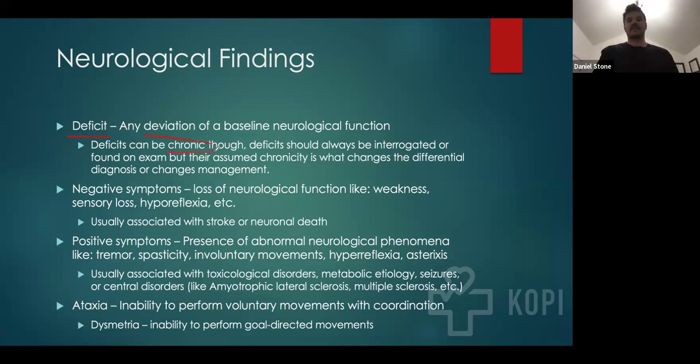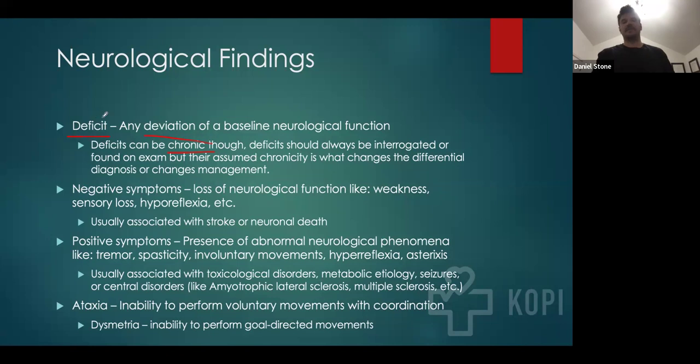They can be chronic, they can be acute. They should be interrogated based off of your clinical concern from exam. So anybody who's elderly, who's altered, should have a cranial nerve motor exam because you want to make sure that you don't notice any findings that would prompt a consideration for stroke. You're searching for deficits.